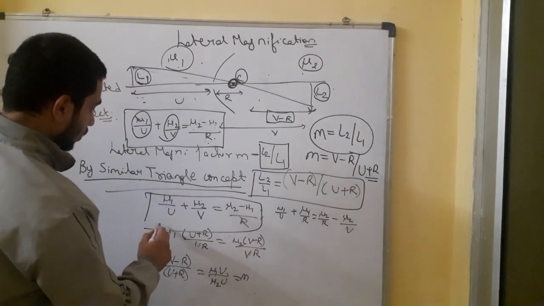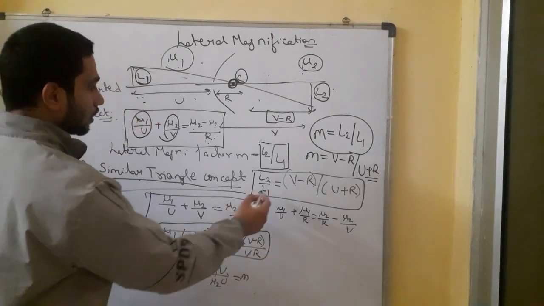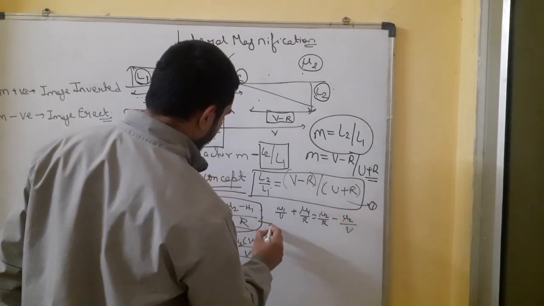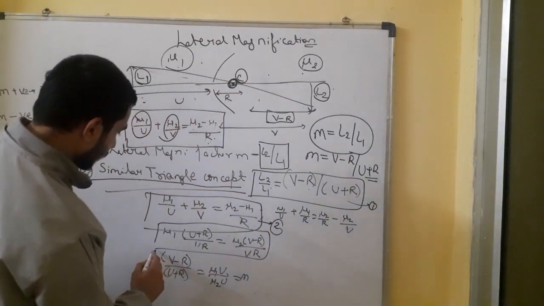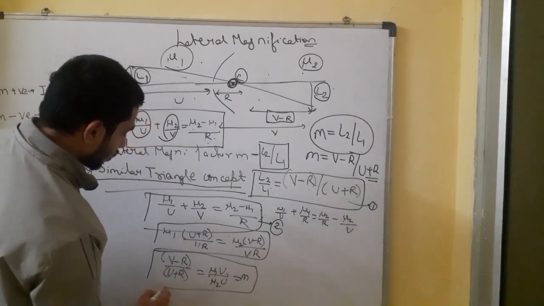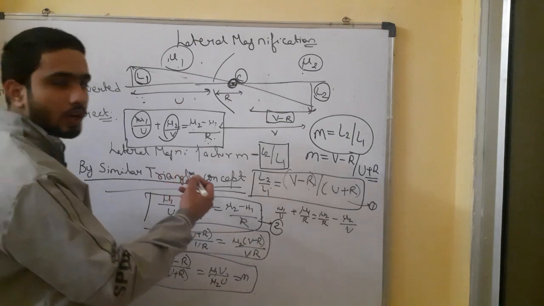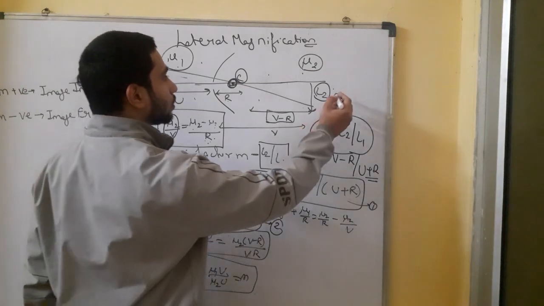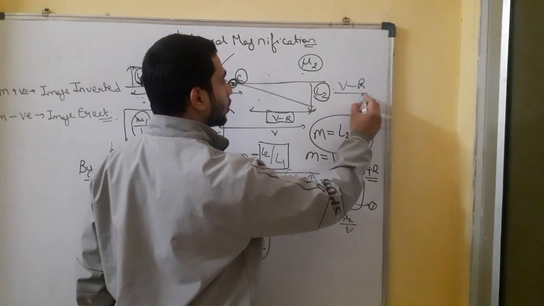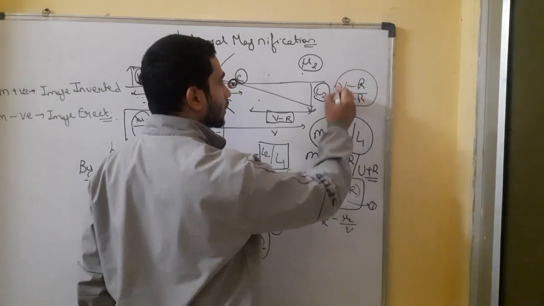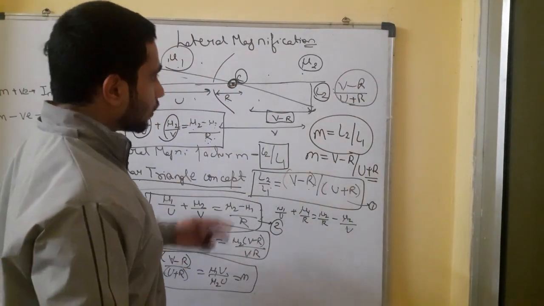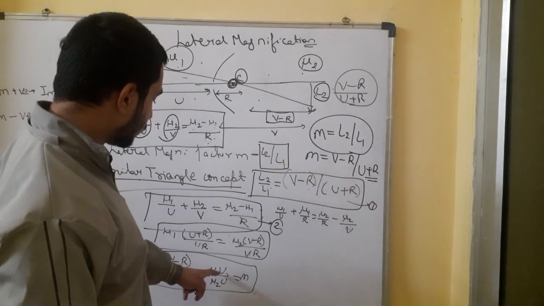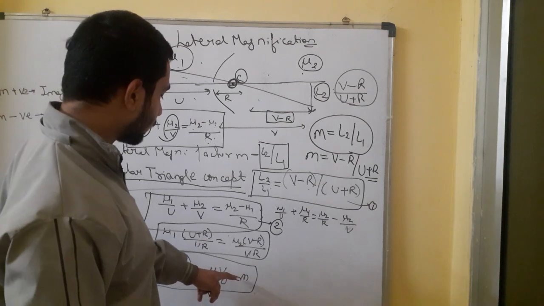Okay. So now putting this from equation 1, putting the values here in equation number 2, and we are getting V minus R upon U plus R. This we can write generally without this similar triangle concept also, that image distance upon object distance from the center of curvature, no need of this V minus R upon U plus R. But if the refractive indices are changed, then mu1 V upon mu2 U is equal to the magnification factor.